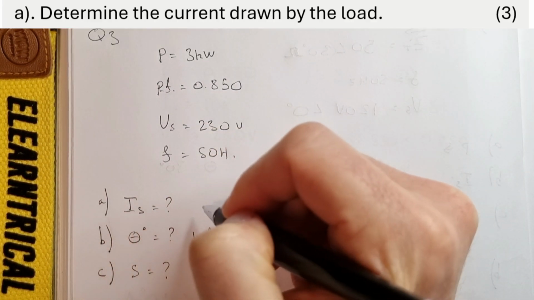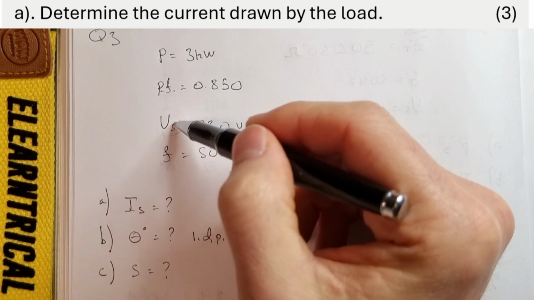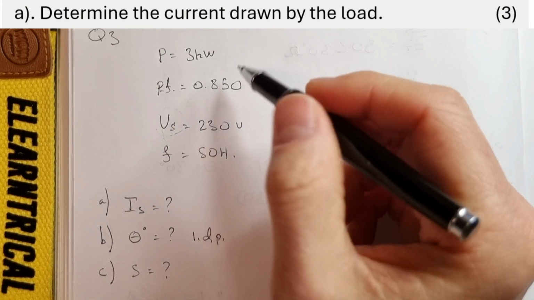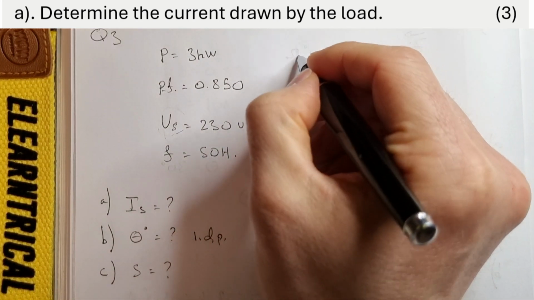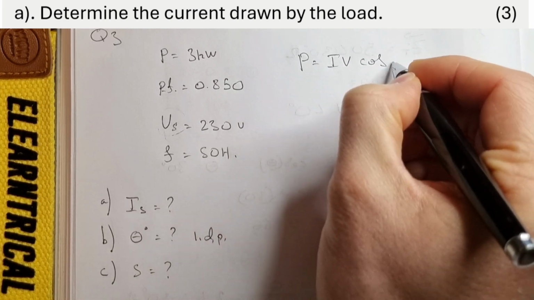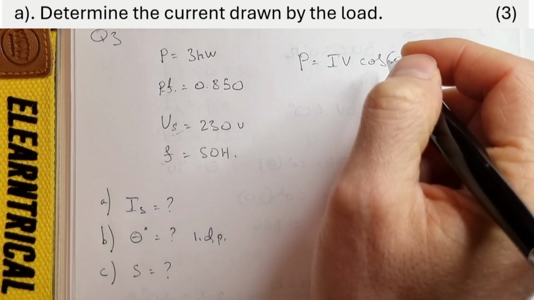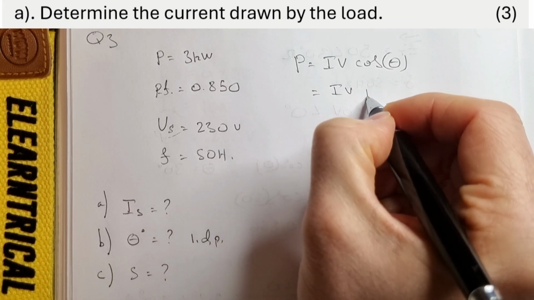So to determine our supply current, we've got the voltage, but we don't have the impedance, so we need to go from a different angle. What we could do is say, well, power is IV cos theta, and we also know that that equals IV power factor.